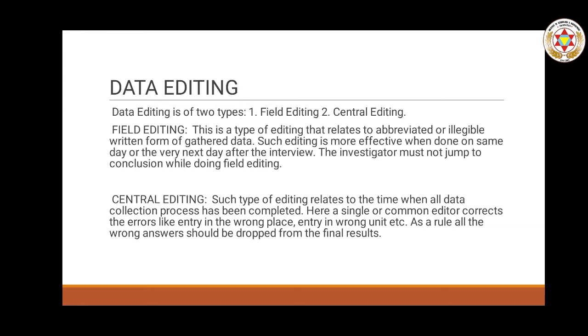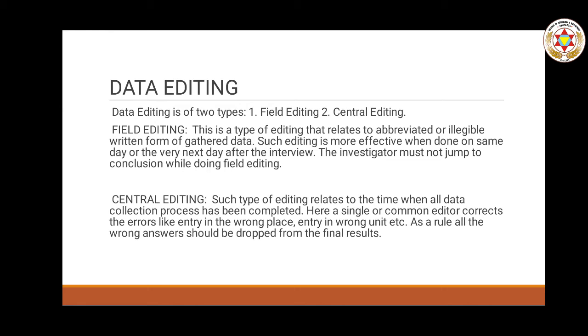Now editing can be of two types. It could be field editing and central editing. Field editing is a type of editing that relates to abbreviated or illegibly written forms of gathered data. Such editing is more effective when done on the same day or the very next day after the interview.